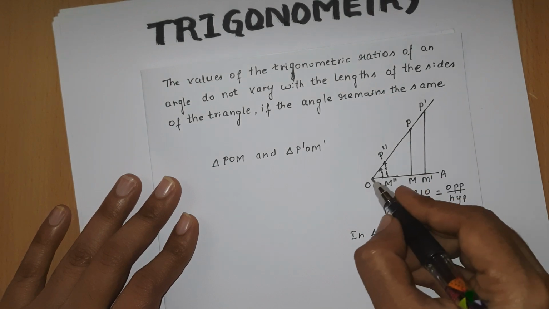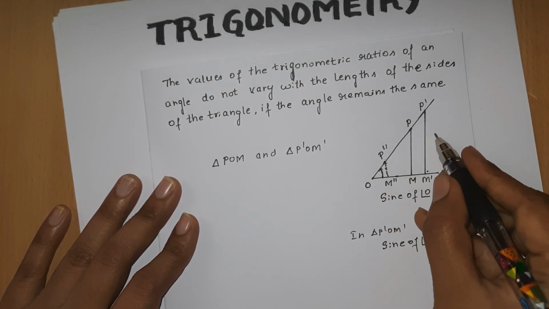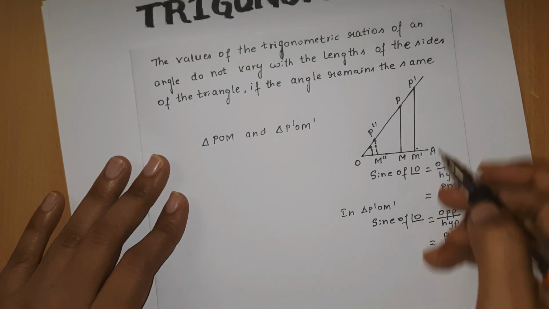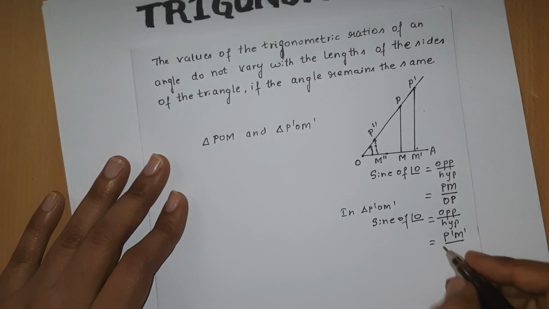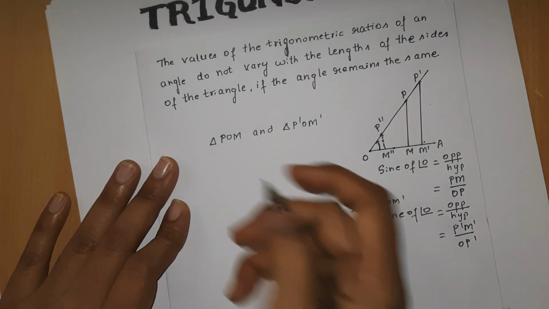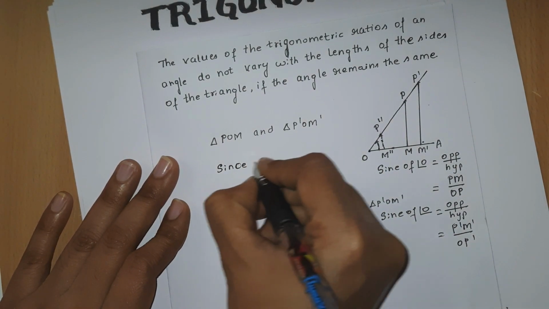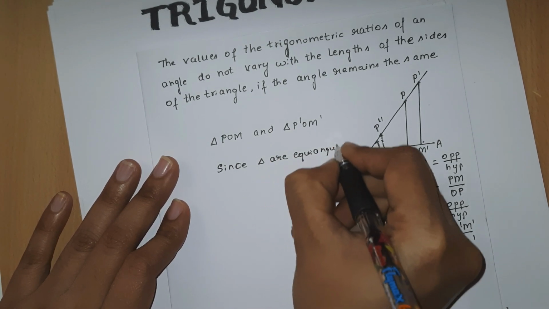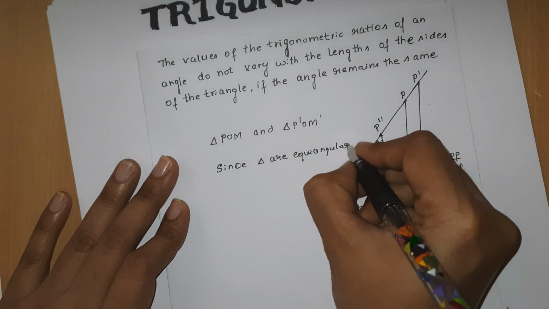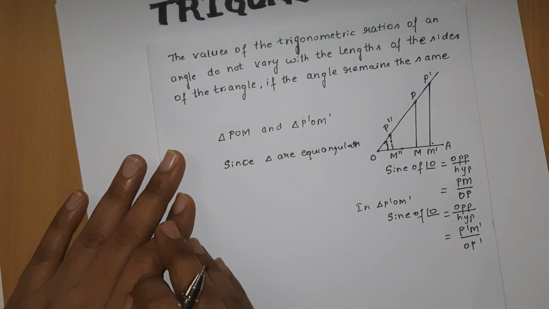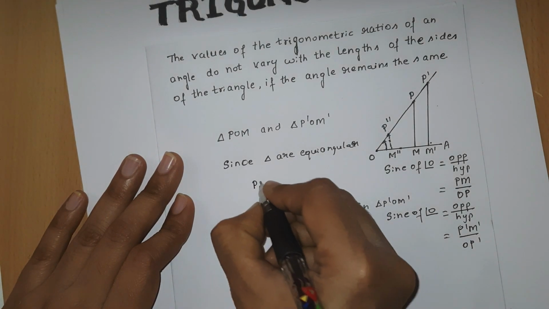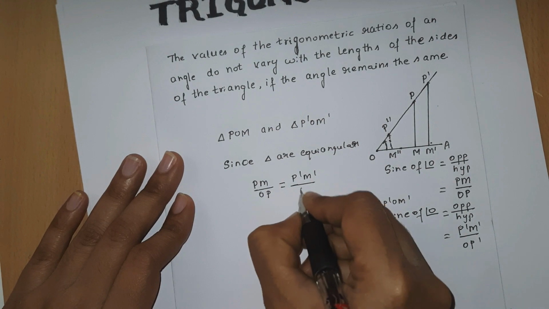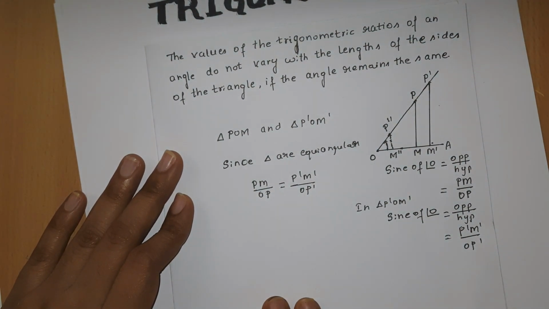For this triangle, the opposite side is P dash M dash by hypotenuse OP dash. Okay, since these two triangles are equiangular, corresponding parts are proportional. So we can write PM by OP is equal to P dash M dash by OP dash.